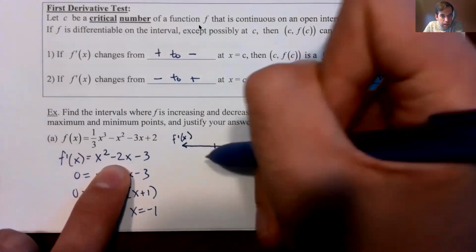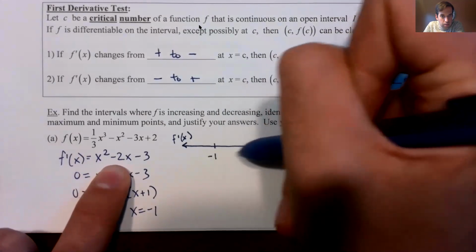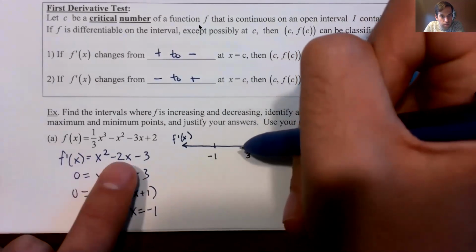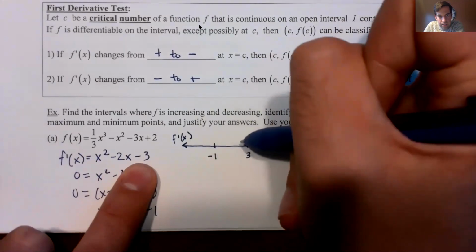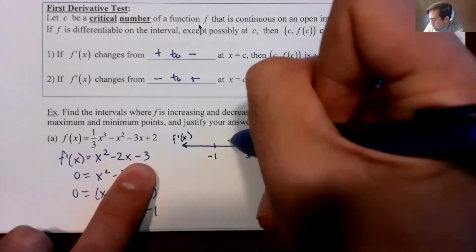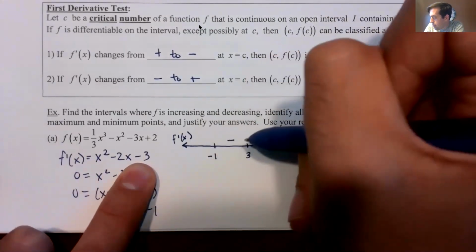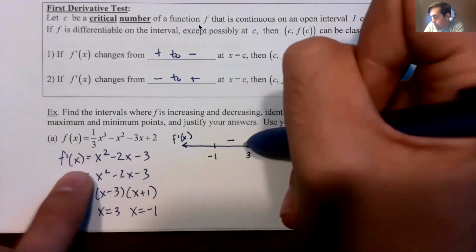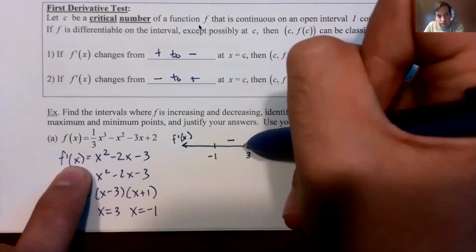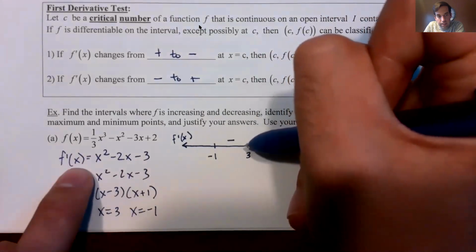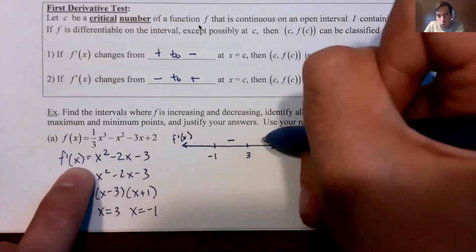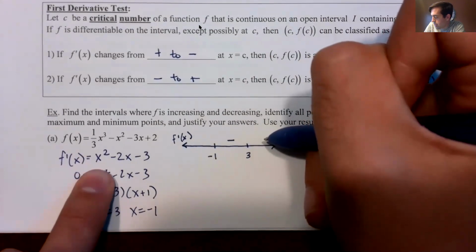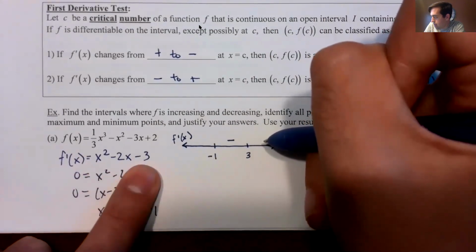So let's take a look back at the first derivative. Let's plug in 0, something between -1 and 3. So it's 0 minus 3. That's -3. So this is negative. That means any number between -1 and 3 is going to have a negative result if we plug it into this. Let's try plugging in 4. We'll get 4 squared is 16 minus 8 minus 3.